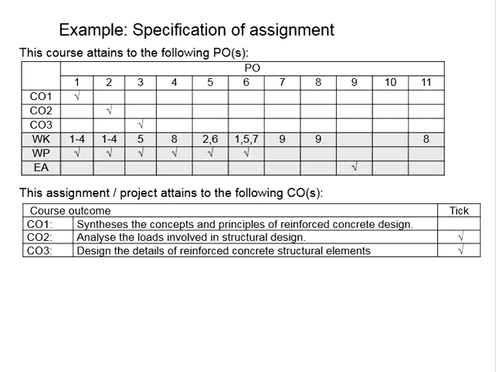Now that we know the specification already, this assignment is dealing with CO2 and CO3, which is meant to attend to PO2 and PO3. There shall be WK4 and WK5. There will also be complex engineering problem solving, but no complex engineering activity.